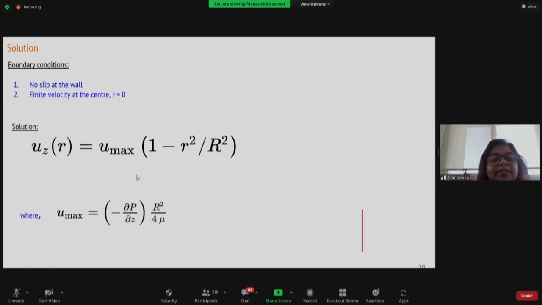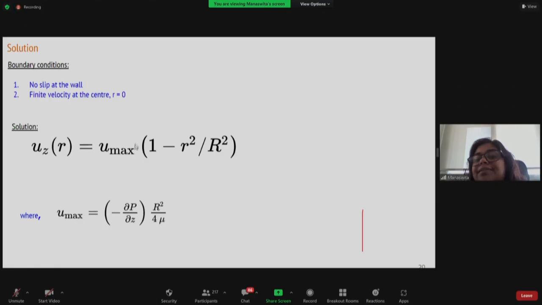See this equation. Pressure gradient is related to Umax, and the velocity profile is related to Umax. So pressure gradient and the velocity profile are related to each other, right? Now, if we know the inlet velocity profile and the outlet pressure, the inlet pressure gets calculated.